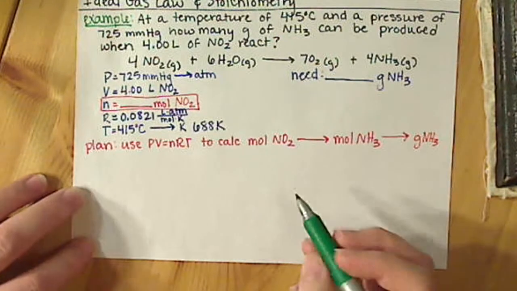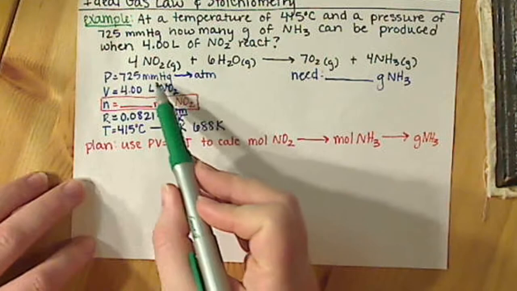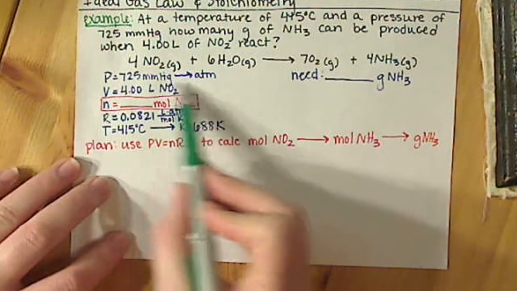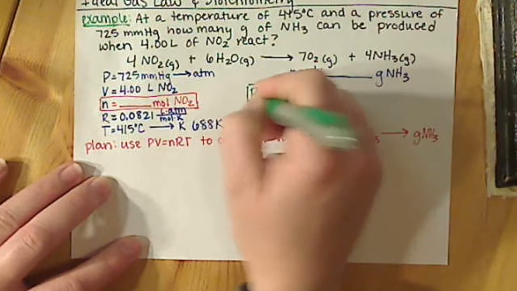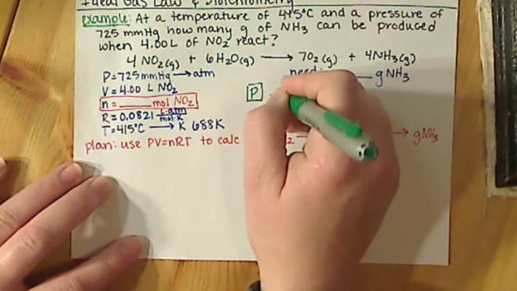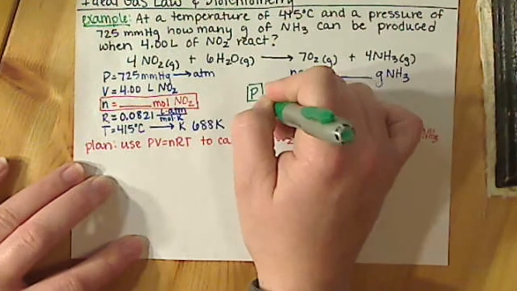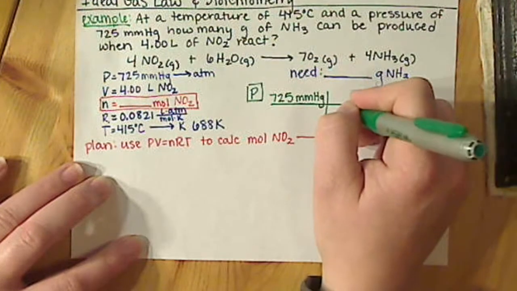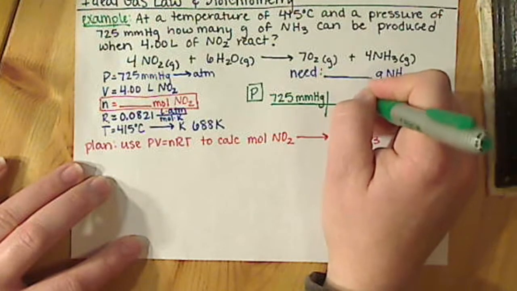All right. So one calculation we have to do before we can do our problem is we need to convert our pressure. So our pressure conversion, we want to go from 725 millimeters of mercury to atmospheres.